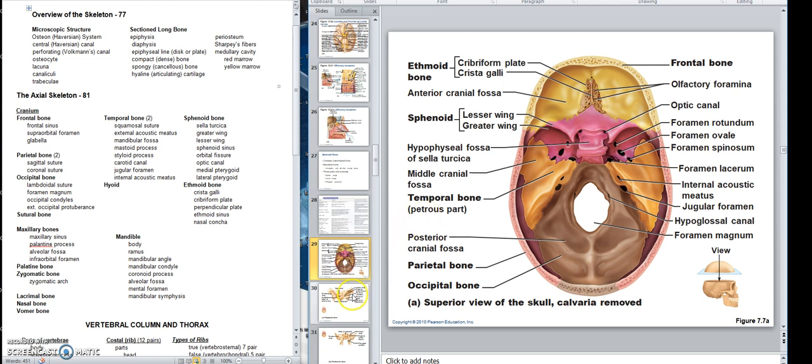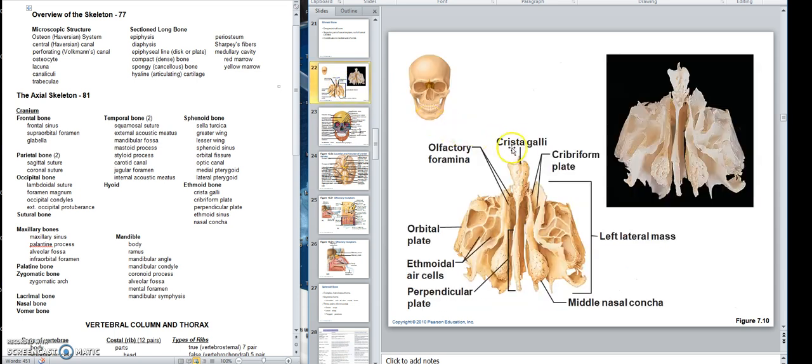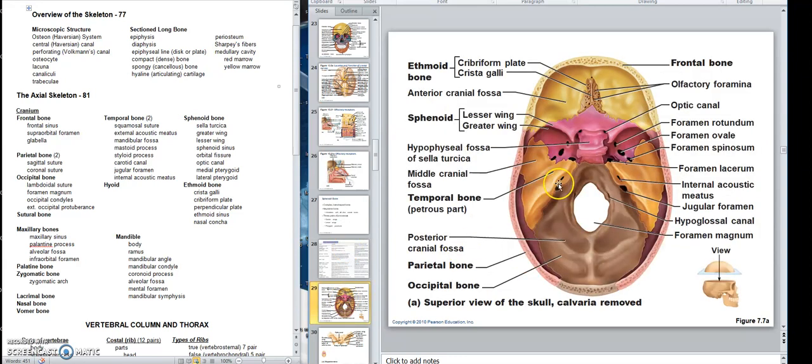Which on this one would be that. Okay. The cribriform plate is lateral to that. These little holey regions right there. When you get into A&P 2, I'm going to show you that your olfactory nerve receptors go through there.